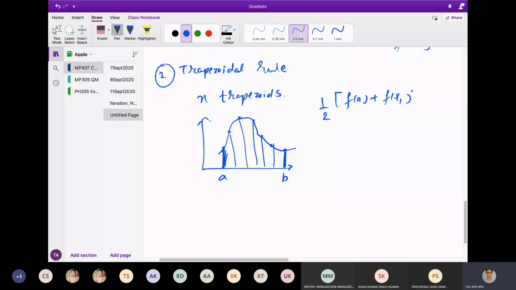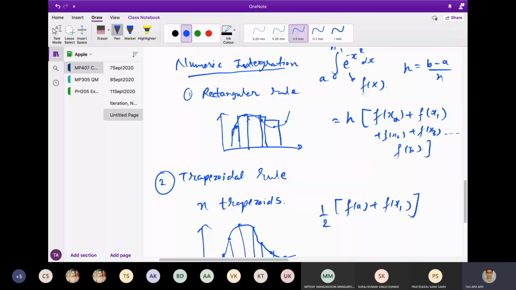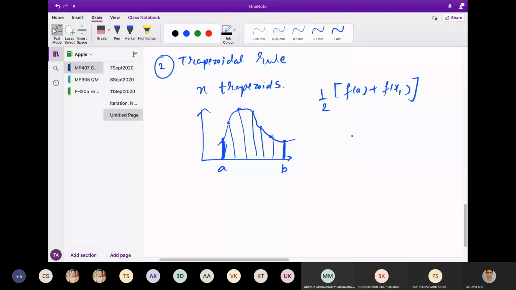Okay, so this f of x function is nothing but the integrand, whatever integral you are taking. That gives the first trapezoid, multiplied by h. Then you have the second trapezoid, which is f of x1 plus f of x2 multiplied by h.